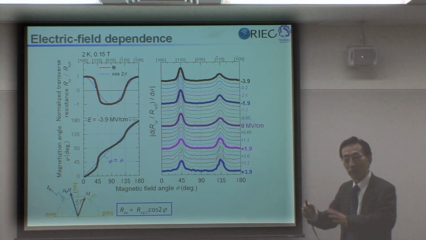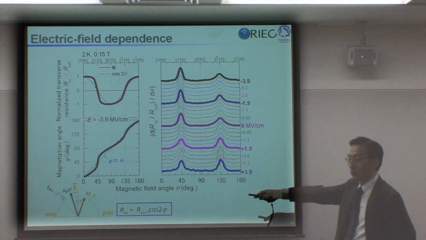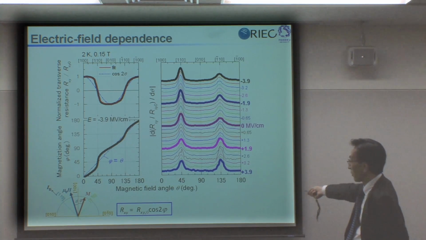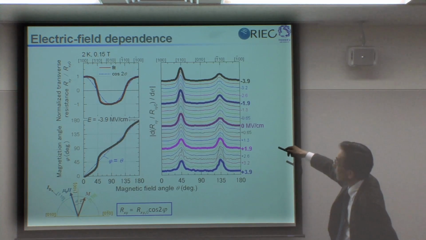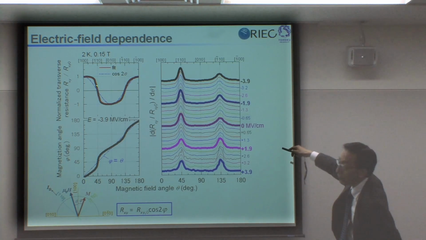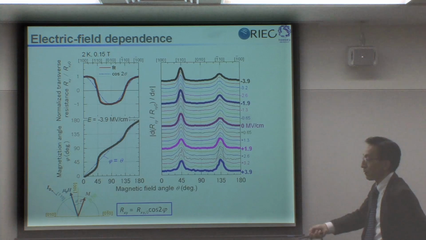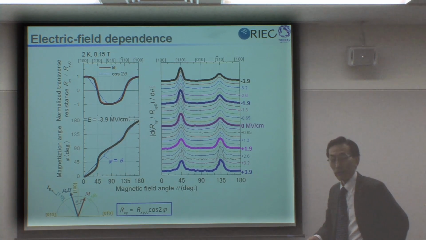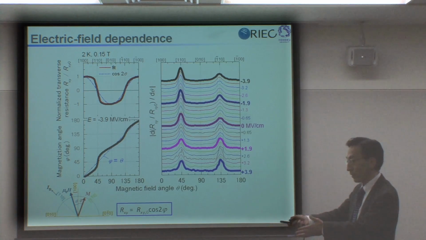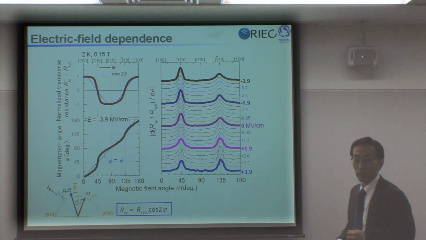If you have no magnetic anisotropy, your magnetization closely follows the direction of the field. So what you expect is this cosine 2 theta. So this blue dotted line is the line you expect for the materials that do not have anisotropy. Or if your magnetic field is strong enough, you see that there will be cosine 2 theta.